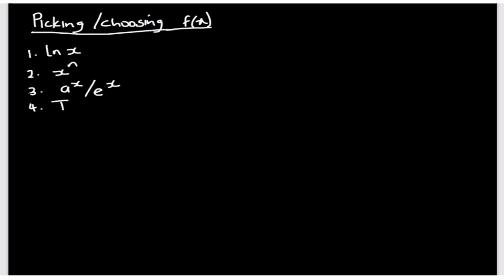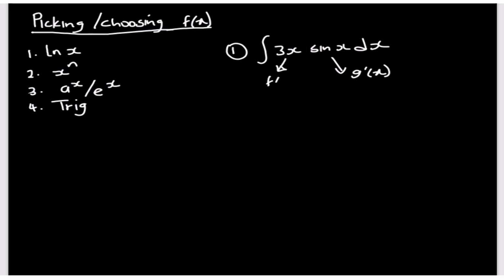The last one is trig functions. So if I have to determine the integral of 3x sine x dx, I can see my x exponent n comes first before trig. Trig is always the last one. So every time you see a trig function, just know it will always be g prime because it's the last one. Then this one will be f of x. You see, this was straightforward.